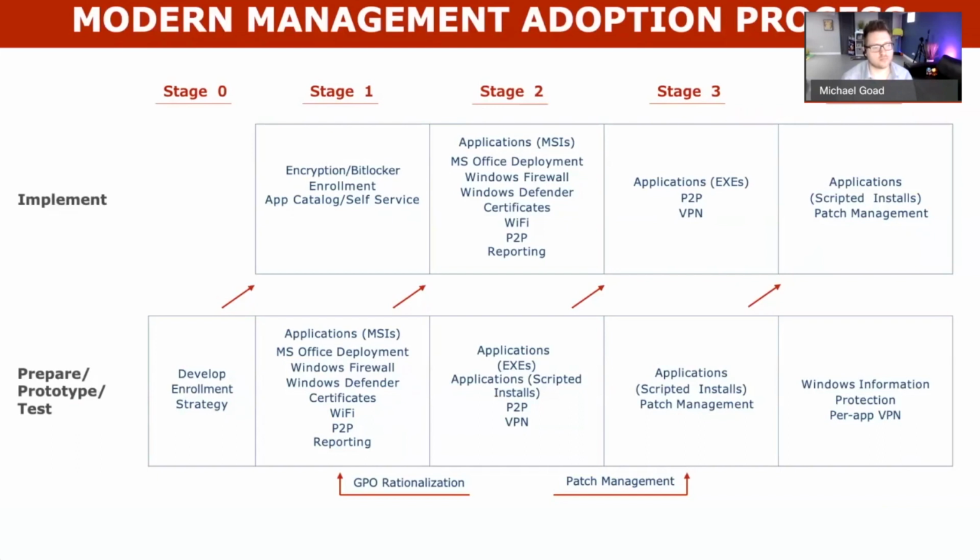If you're using third-party encryption, you may continue to use that until your contract runs out, and then you would slide in BitLocker. Bigger point here, though, is you're going to go through an adoption rationalization to determine what's the easiest, what's the hardest, and then build that into how you begin to migrate from legacy to modern management.